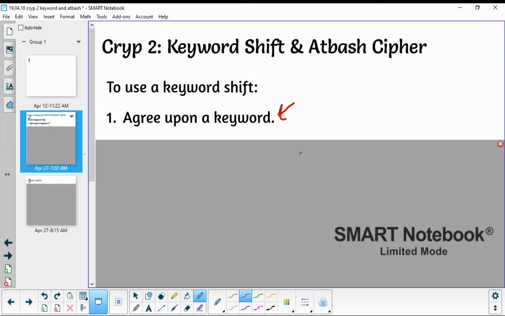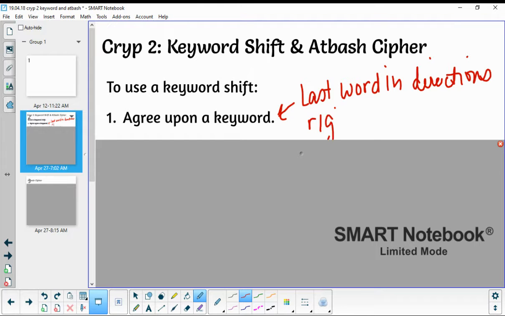Our keyword is the last word in the directions right before the problem. This is not the most beautiful writing, I apologize.